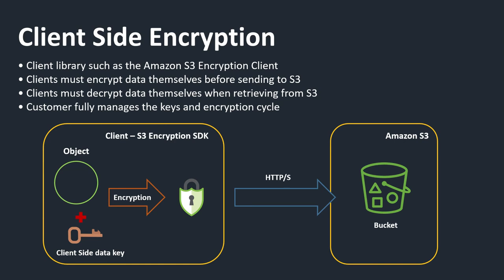The encryption will happen client-side, so the object is going to be fully encrypted on the client side. Then we just upload that already encrypted object into Amazon S3. Okay, so those are the four types of encryption. Hopefully that makes sense.